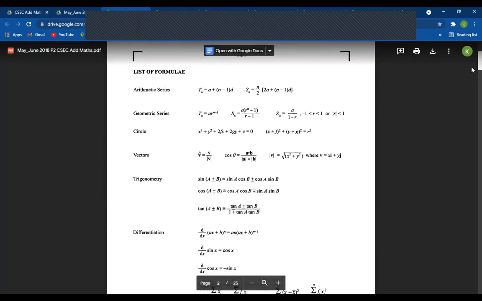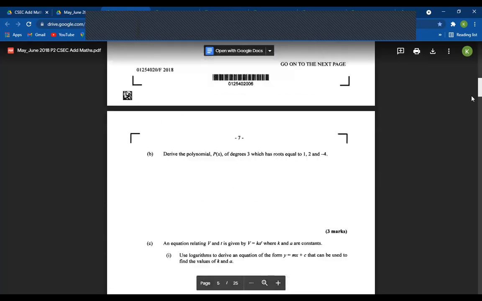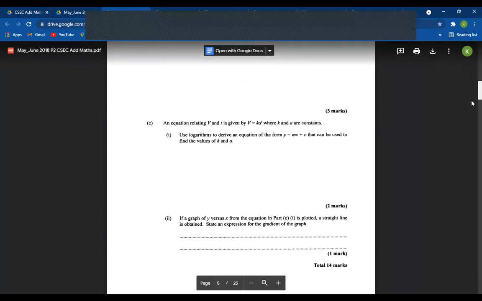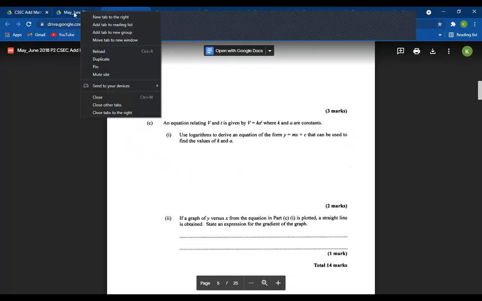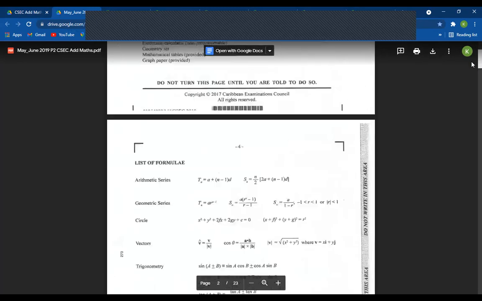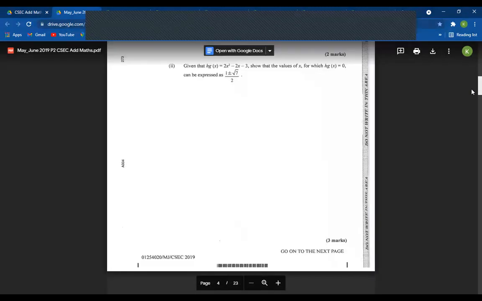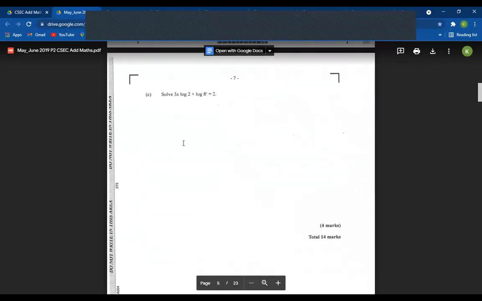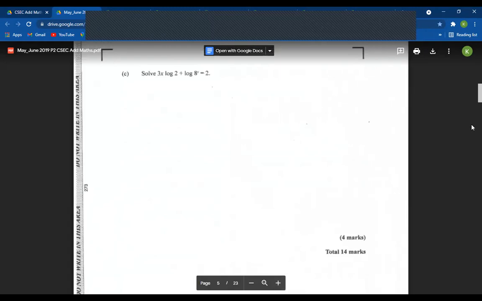Let me see, 2018 and 2018. I think this one has a graph too. See, the graph came again in 2017 and 2018. So imagine those people who did not do the graphs. Headache. Okay, 2019. Let's do this one.